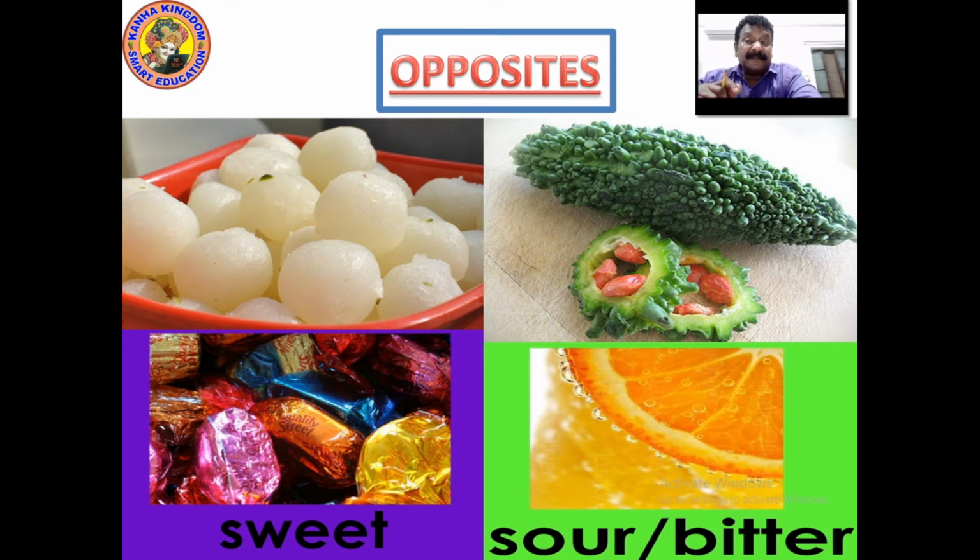When you talk about bitter, the opposite of sweet is sour, bitter. What are the things which are bitter? The bitter things are neem, bitter gourd. You know what is bitter gourd? It is a vegetable which is very much bitter. Right? Please write this down. Opposite of sour, bitter is sweet. Opposite of sweet is sour, bitter.